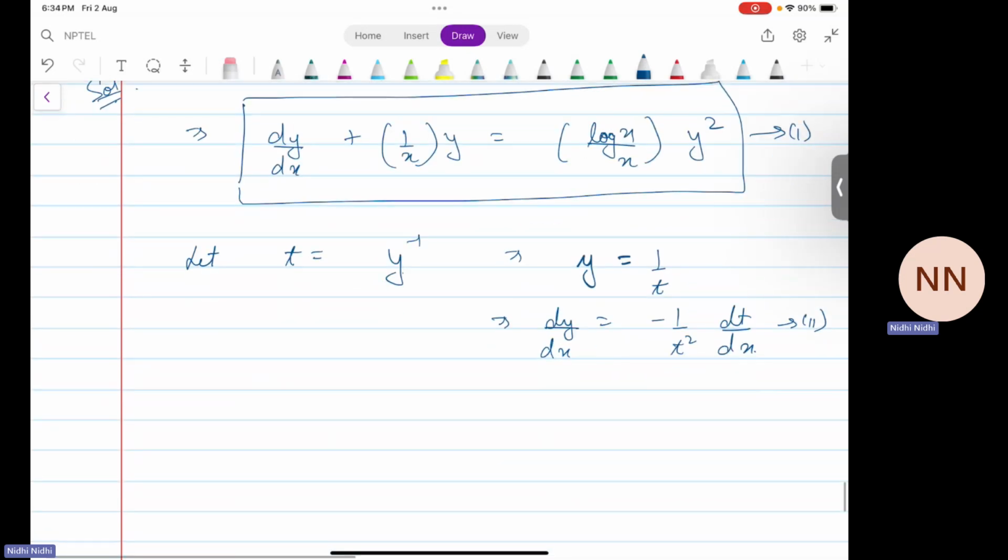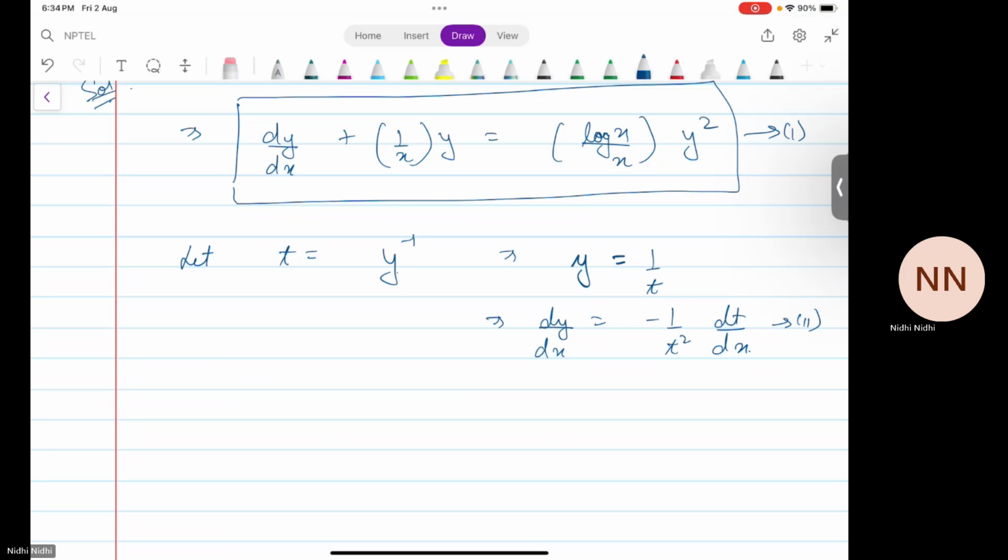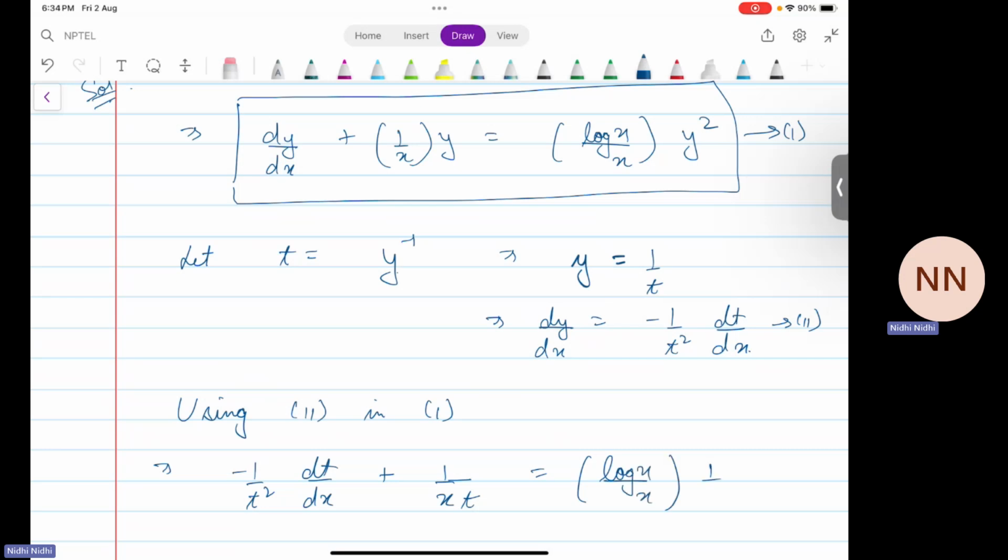Using 2 in 1, we get -(1/t²) dt/dx + (1/x)(1/t) = (log x / x)(1/t²).